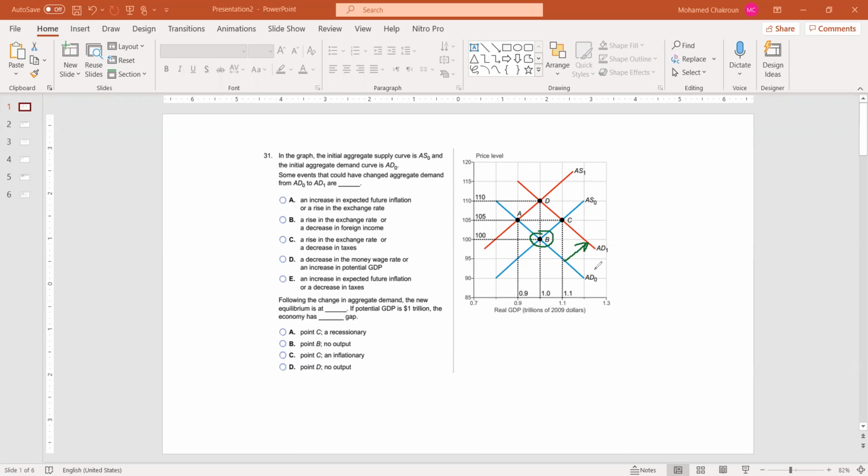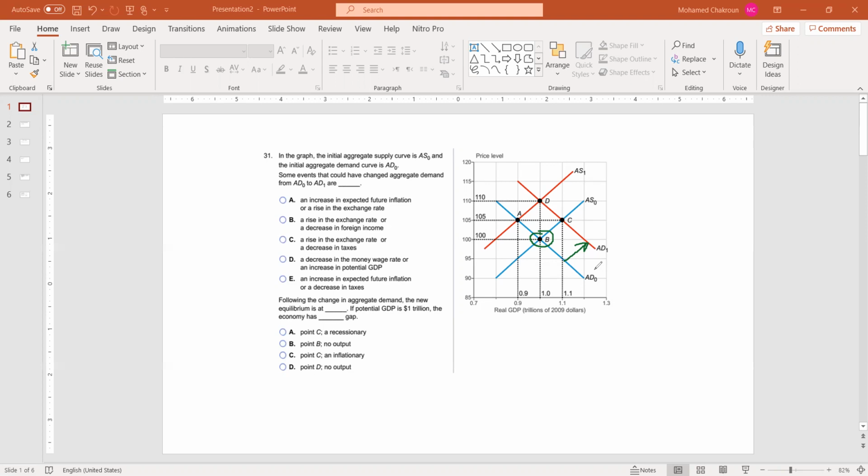But what about the rise in the exchange rate? What happens when the exchange rate rises? What does it mean? Also here you have the details in your slides. So a rise in the exchange rate corresponds to an appreciation of the national currency or to a depreciation of the national currency?